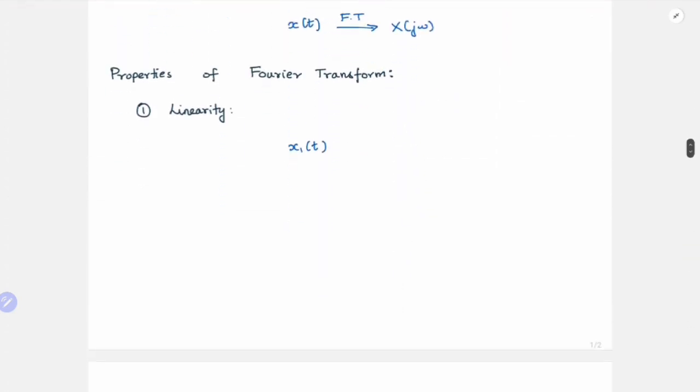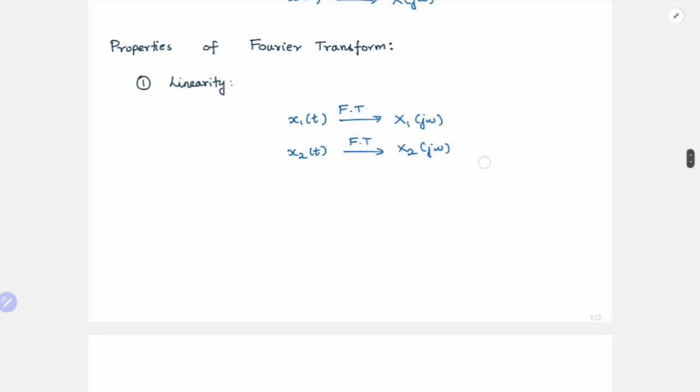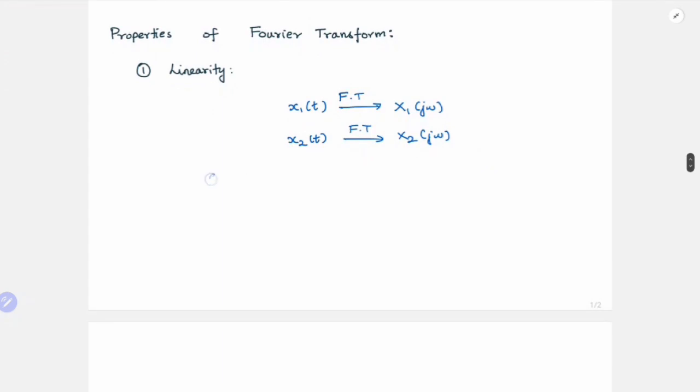So let's say x1 of t gives x1 of j omega and x2 of t gives x2 of j omega. Then for the Fourier transform, a x1 of t plus b x2 of t is going to give a x1 of j omega plus b x2 of j omega.